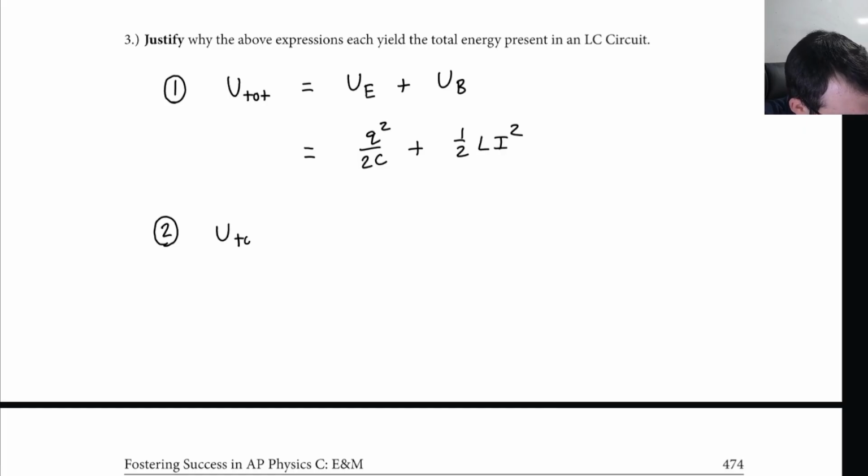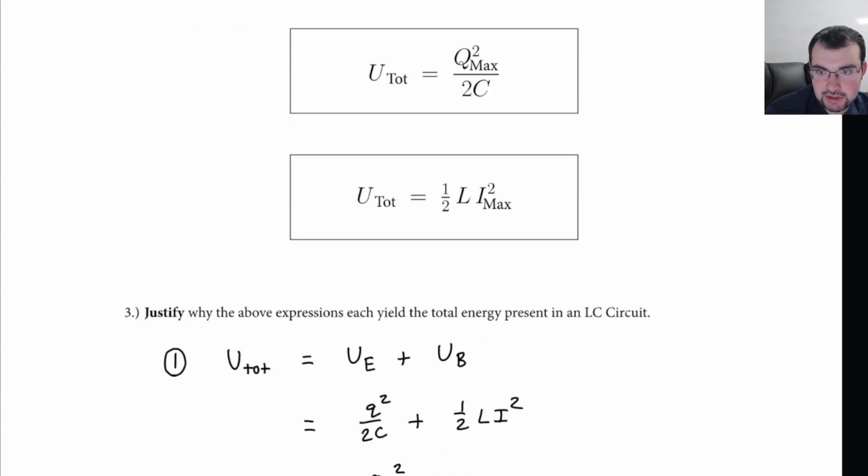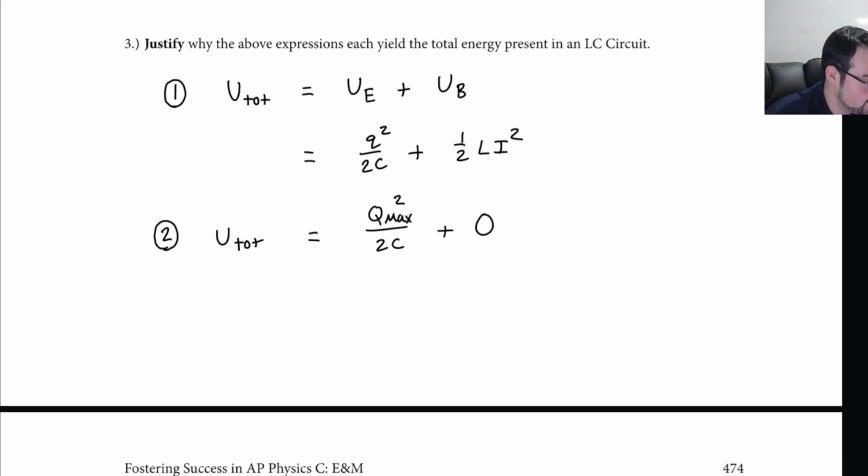So we could also say that the total energy is equal to, which one do we do first? Q. We could say that when I have maximum charge on the capacitor, I have 0 current through the inductor. So that's why we can get case 2, because if we have maximum charge in the capacitor, we have 0 current through the inductor.